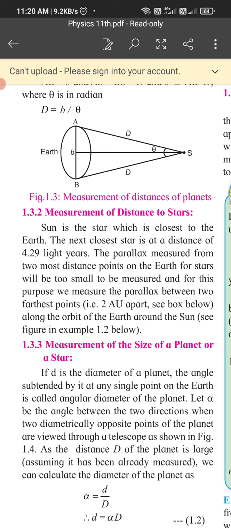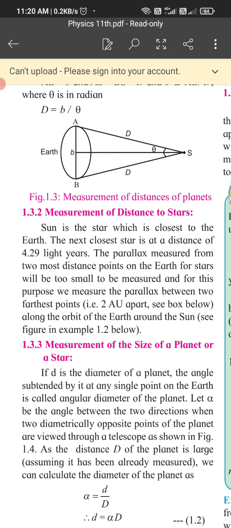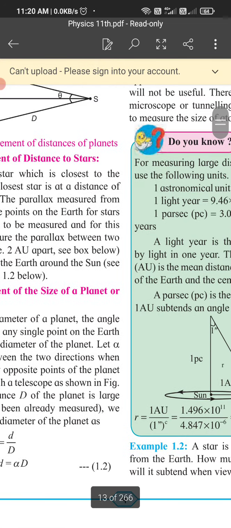Alpha is the angle between the two directions when two diametrically opposite points of the planet are viewed through a telescope, as shown in figure 1.4. Capital D is the distance of the planet. So alpha is equal to small d upon capital D, or small d is equal to alpha times capital D.